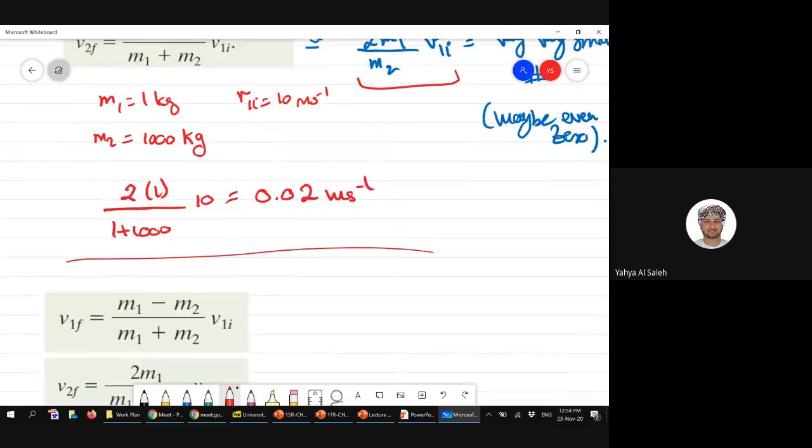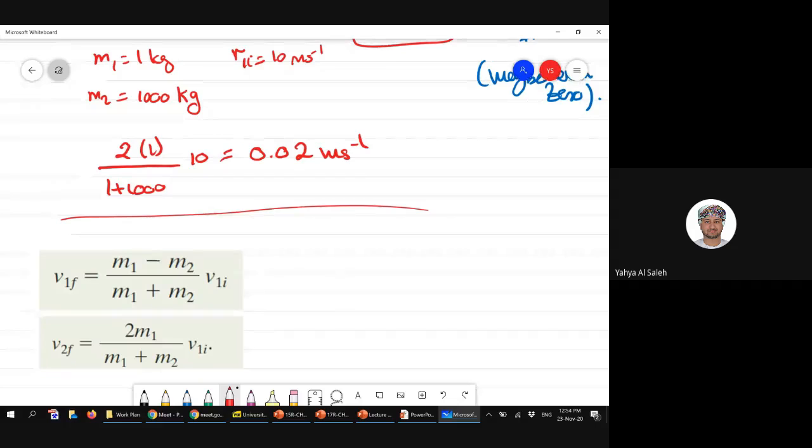Let's use the same numbers. M1 is 1000. M2 is 1 kilo. V1 is equal to 10.